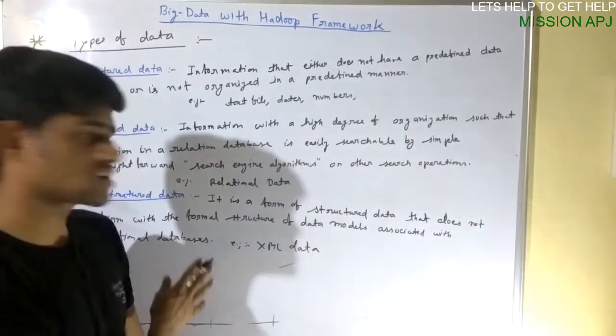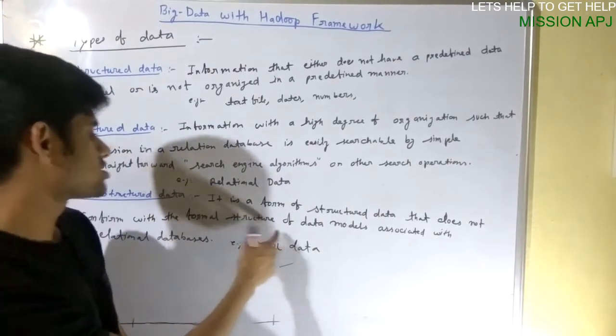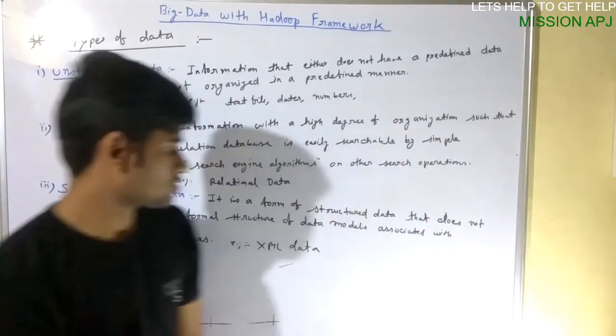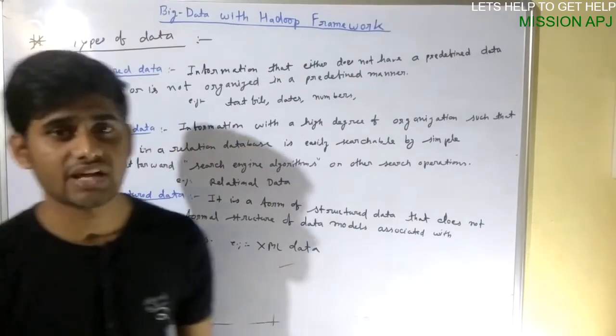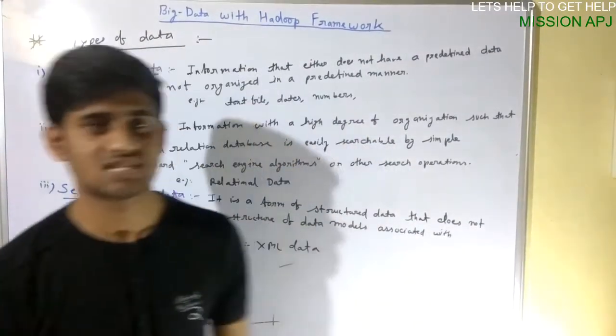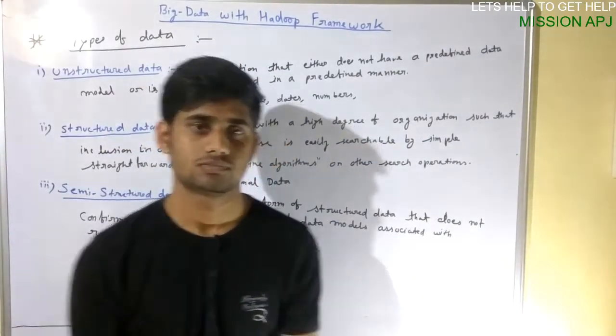So it is structured data, fine, but it does not resemble the very structured data models associated with a relational database. An example of semi-structured data is your XML file, your log file.